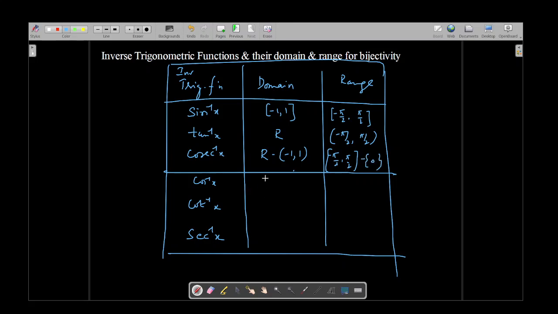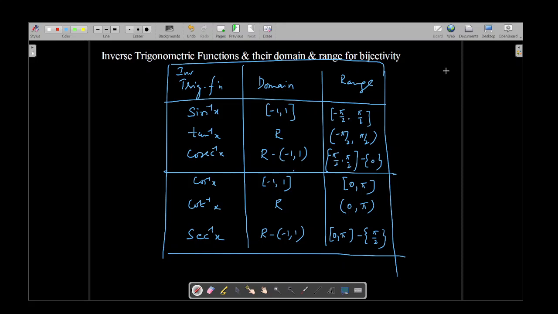For cos inverse of x, the domain is -1 to 1, real numbers except -1 to 1. Here it is 0 to pi with closed interval. Here it is 0 to pi with open interval. This is 0 to pi except pi by 2.